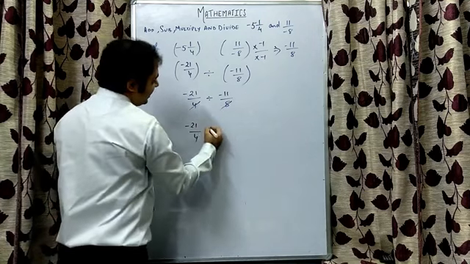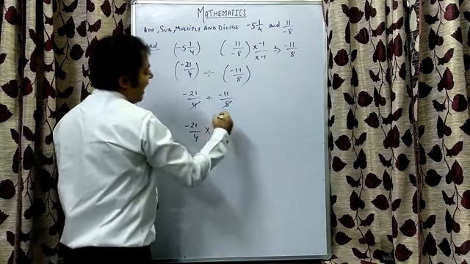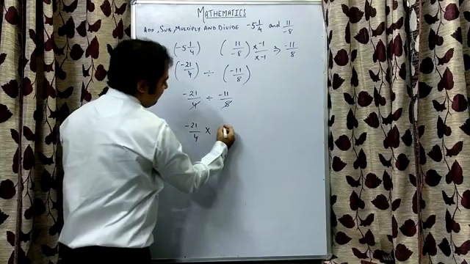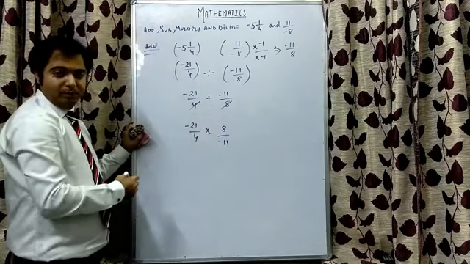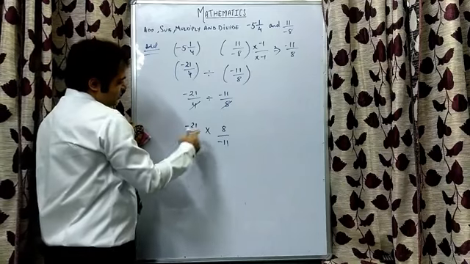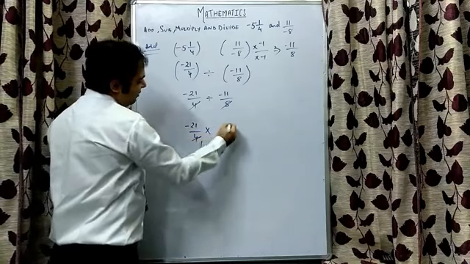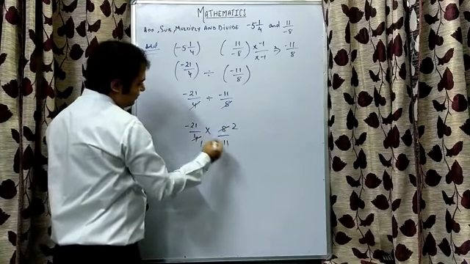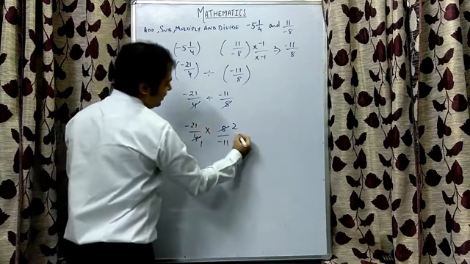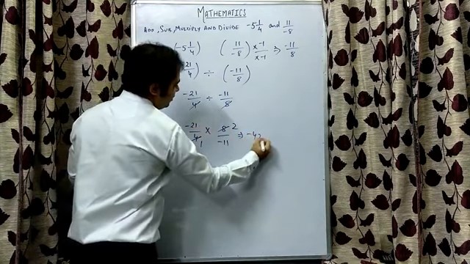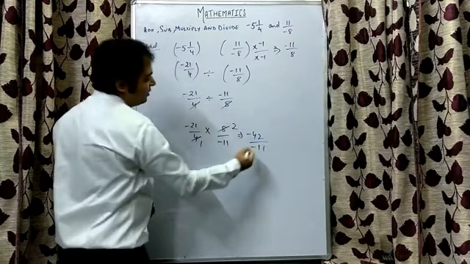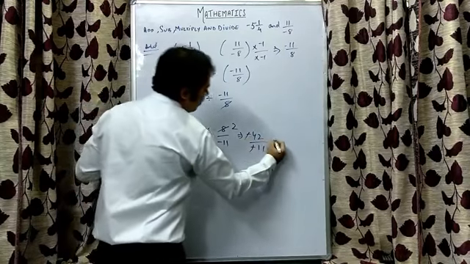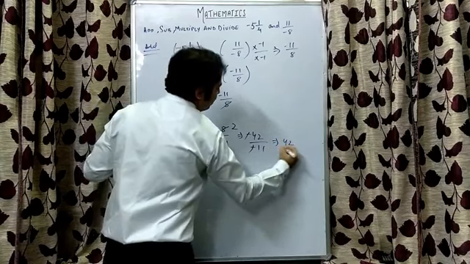Now the division sign will be converted into multiplication, and the number on the right side will flip. 8 will come on top and minus 11 will go at the bottom. Now 4 1s are 4, 2s are. Now minus 21 into 2 will give minus 42 upon 1 into minus 11, which gives minus 11. With this, the minus will cancel out. Our answer will be 42 by 11.